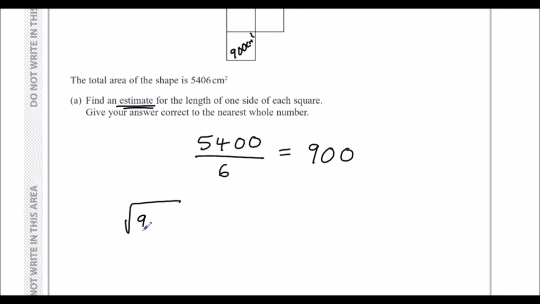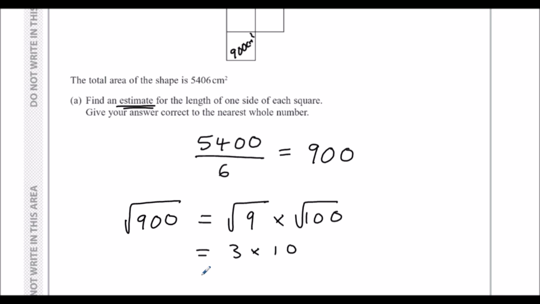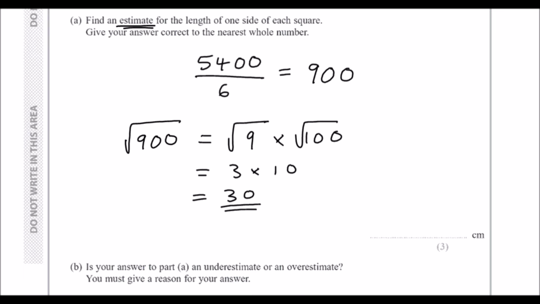So the square root of 900. If you're not sure, we can change that to square root of 9 times square root of 100, which is 3 times 10, which is 30. So give your answer correctly, nearest whole number, 30 centimeters.